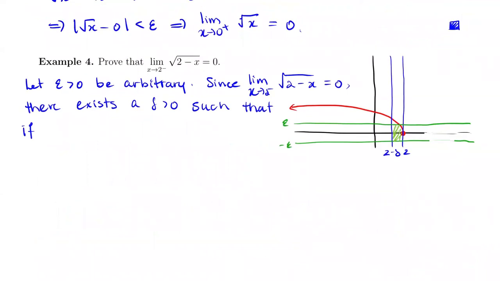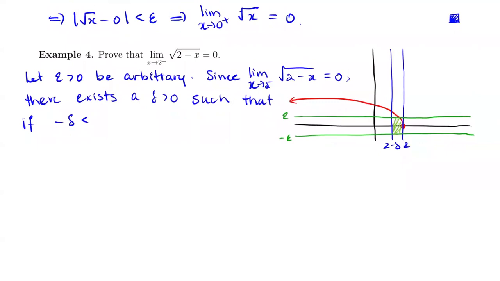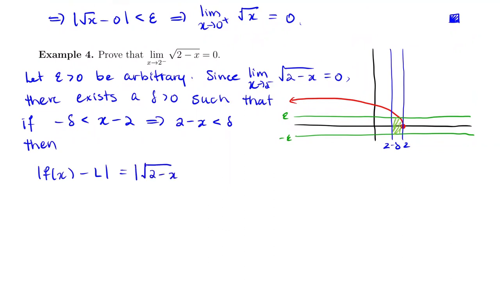So if negative delta is less than x minus 2, or also note that this could also be written as 2 minus x is less than delta, then, well, what we have here is that f of x minus L, which is going to be the positive square root of 2 minus x minus 0.